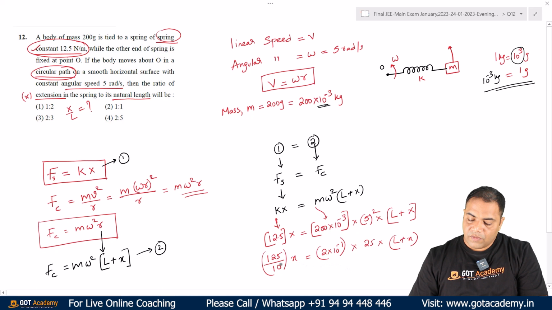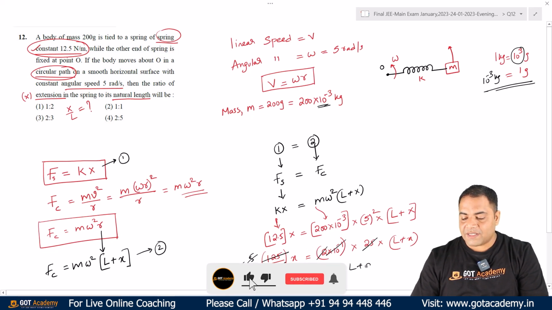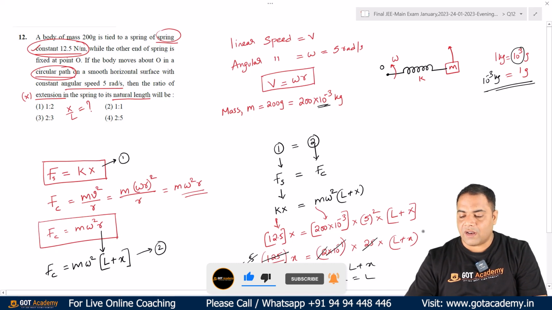So this one and this one I could cancel out. Now what I get here is 5x equal to 2 times (L plus X). So this 2 we can cancel with 2. So 2.5x is equal to L plus X. If I move x to this side, I get 1.5x equal to L.